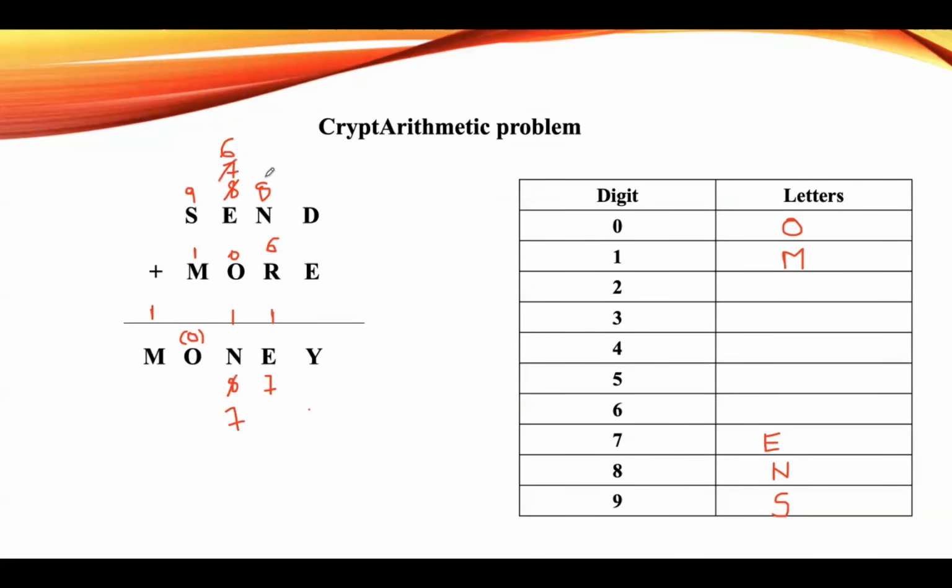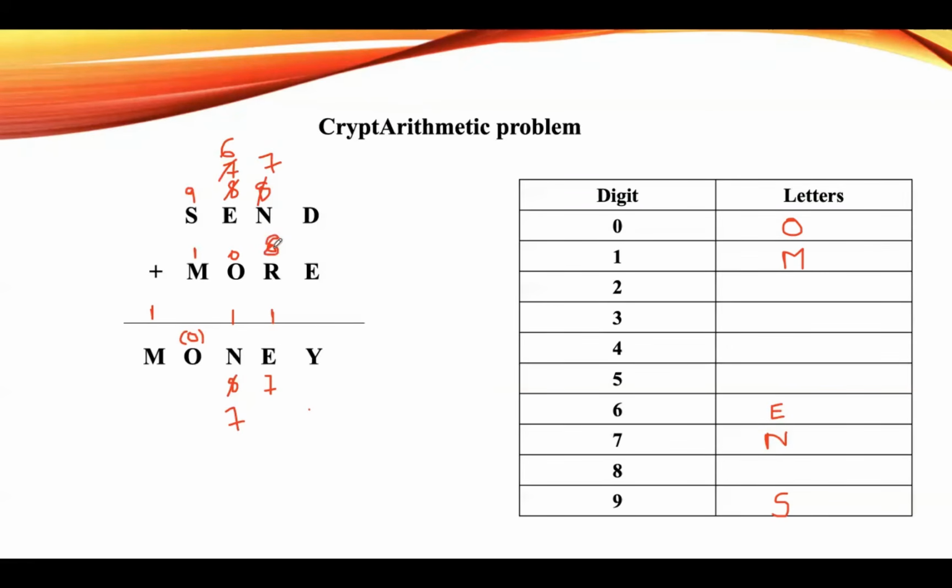Now here, assign 7 to N. So let us assign 6 to E and 7 to N. Now 6 is already assigned, so take the largest number 8 and assume that 8 is assigned to R now.